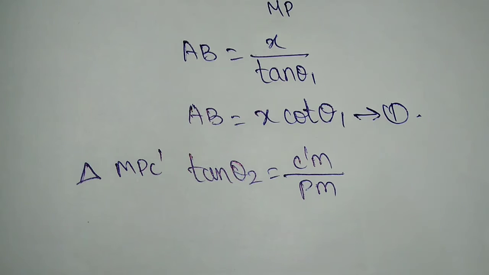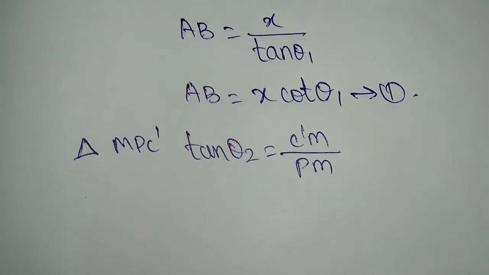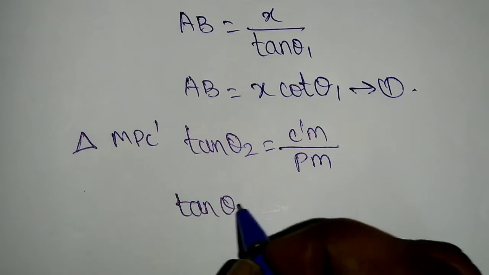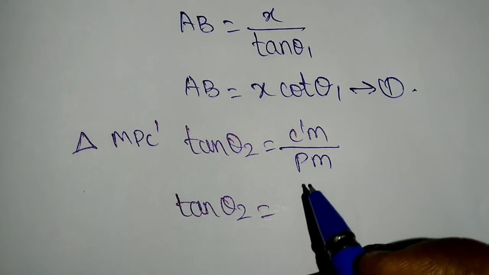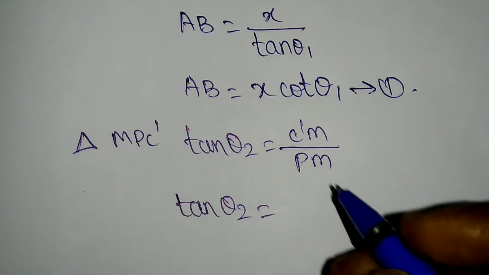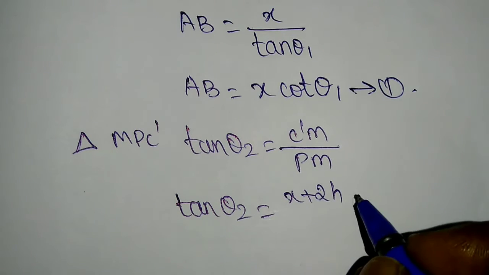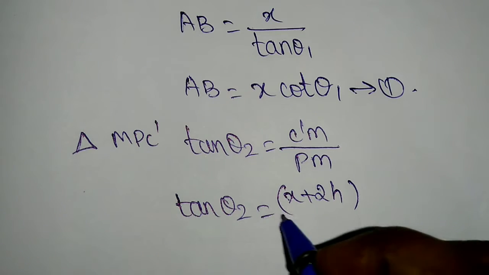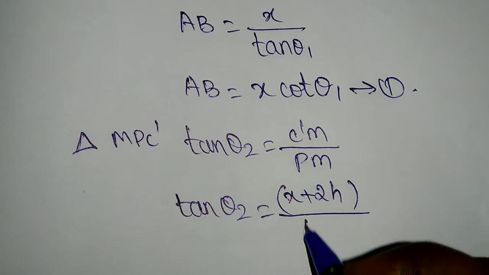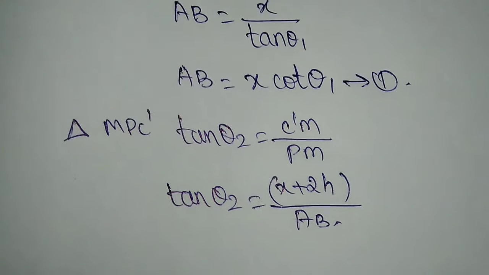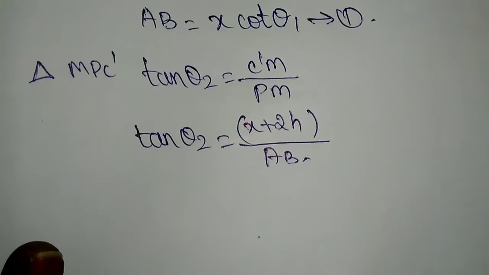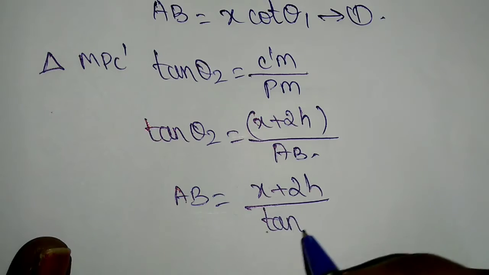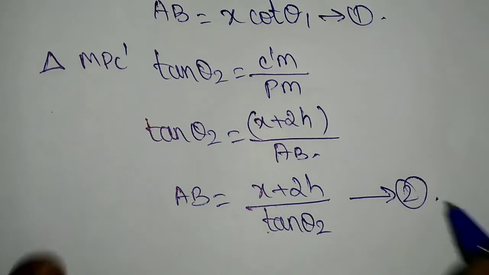Here PM is equal to AB, and C dash M is X plus H plus H. So here we get X plus 2H divided by PM, and PM is equal to AB. So AB is equal to X plus 2H divided by tan theta 2. This is equation number 2.